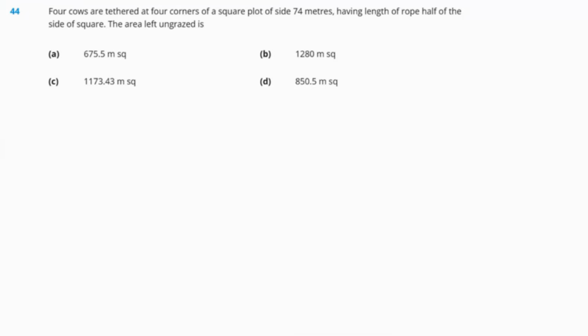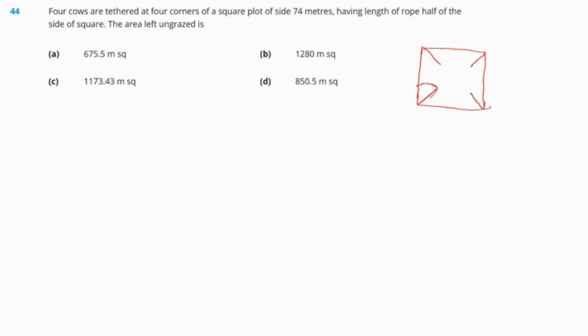Suppose this is the square, and 4 cows are tied to it. One cow like this, another this, another this, another this. Whatever the length of the rope by which they are tied, they will be able to graze only that much area. We take that length as the radius.